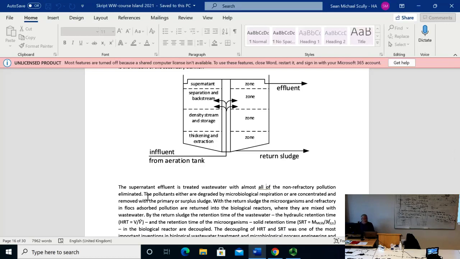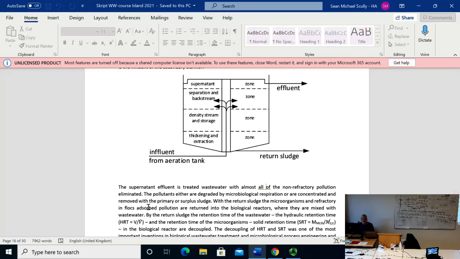This will be eliminated in the aeration tank by assimilation in the surplus sludge or in the activated sludge, or it will be eliminated by respiration and mineralized to water, CO2, and at the end, due to denitrification and everything, to nitrogen. This I'm going to show you when we treat the biological system, which is going to be another part.